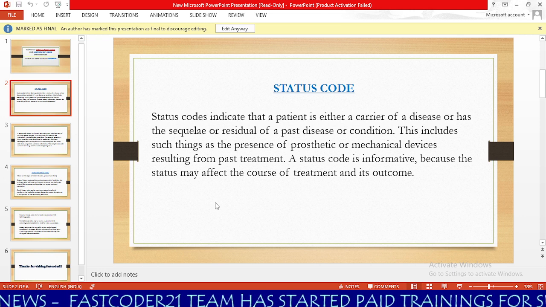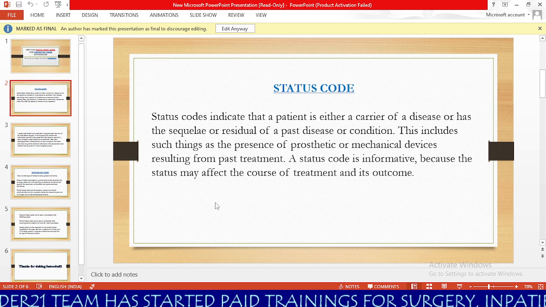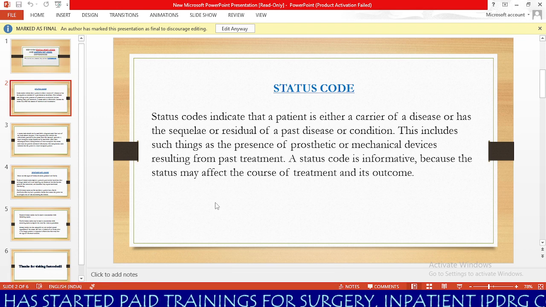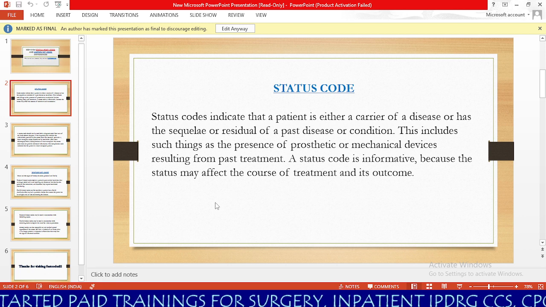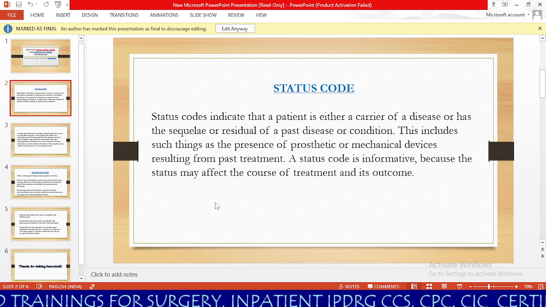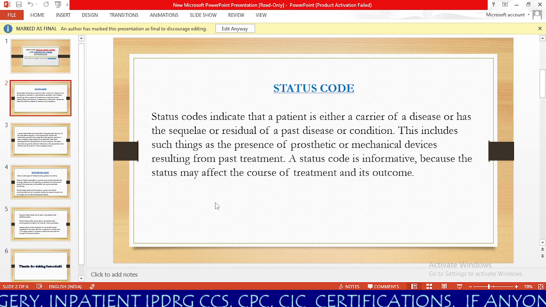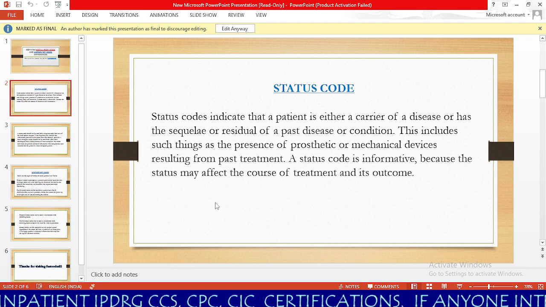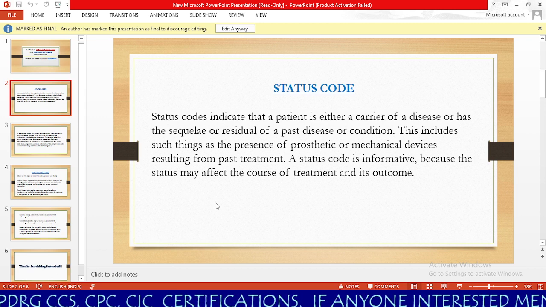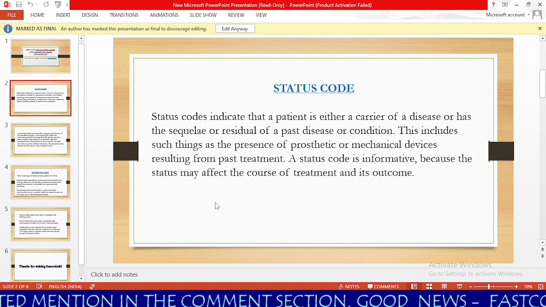For example, we will take coronary artery stenting. So we will use Z95.5. Here, whenever the patient comes to the hospital, we always need to give Z95.5, where the patient does not get rid of his coronary artery disease, because of that reason the physician has implanted a coronary artery stent. So for example, the patient has visited the physician for hypertension treatment.